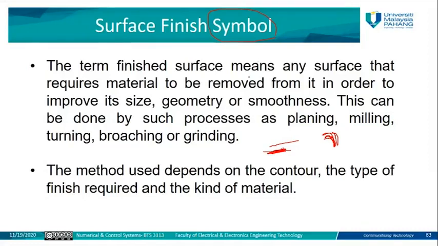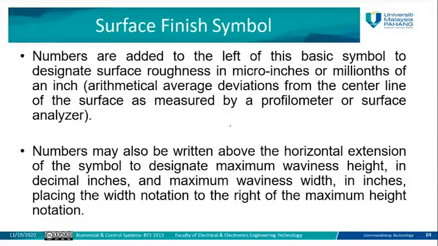So there is a table to define this, based on measurement in inch, micrometer or nanometer, and so on. These values will be considered during the feeding of the program. A number will be added here to the surface finish symbol.